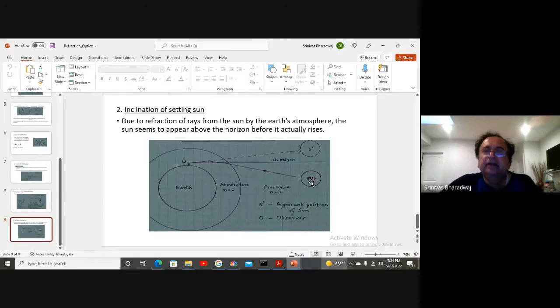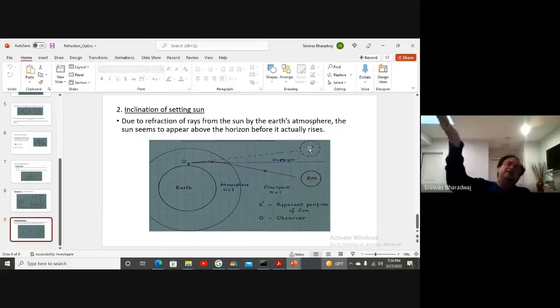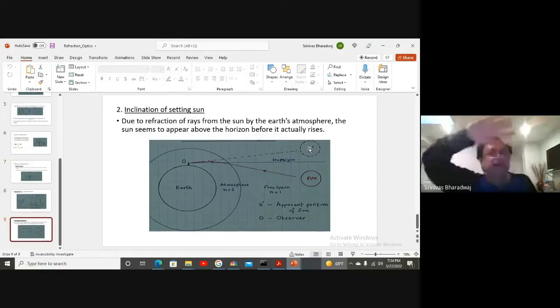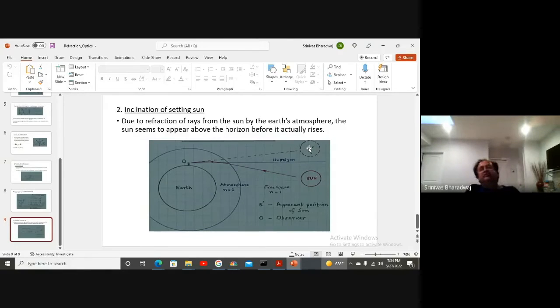The sun appears to be above the horizon. It feels that it has already risen, but in Krishna's case it was the setting sun. It had already set, but it appears to be there, but in Krishna's case he made it disappear.